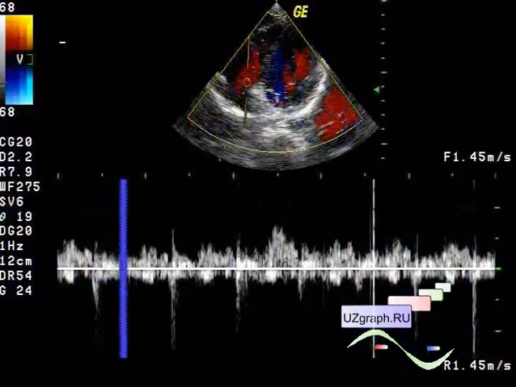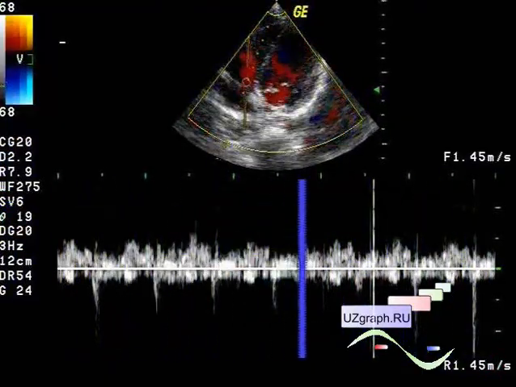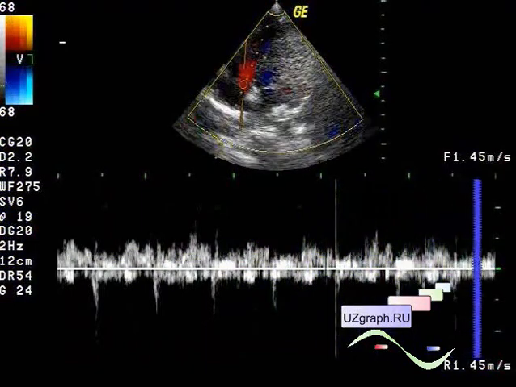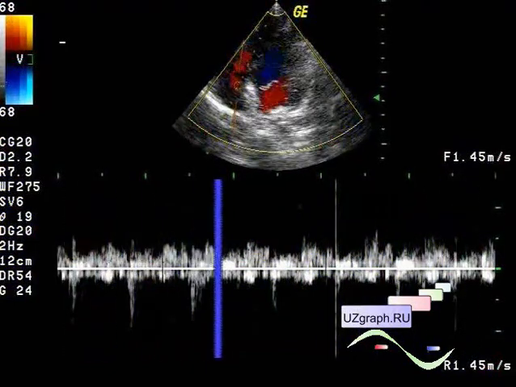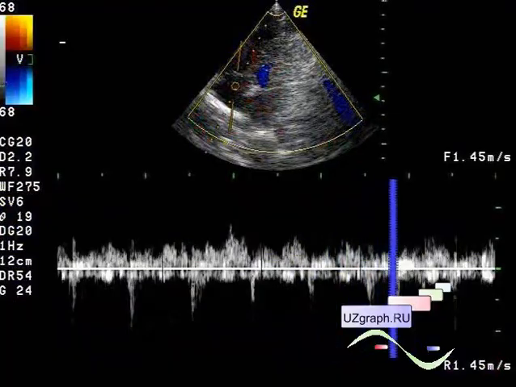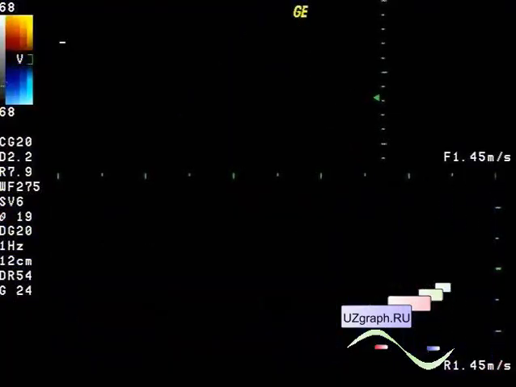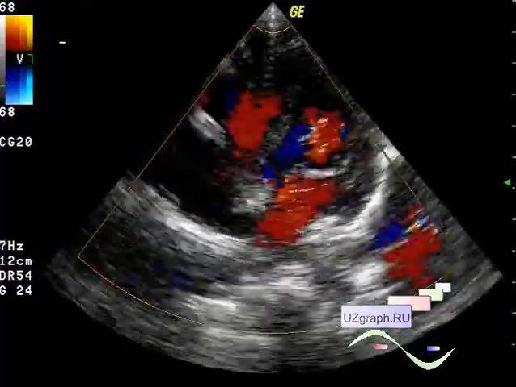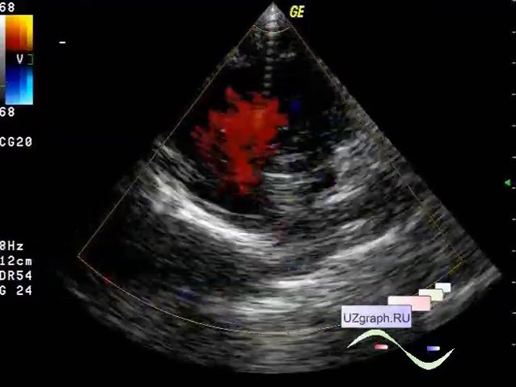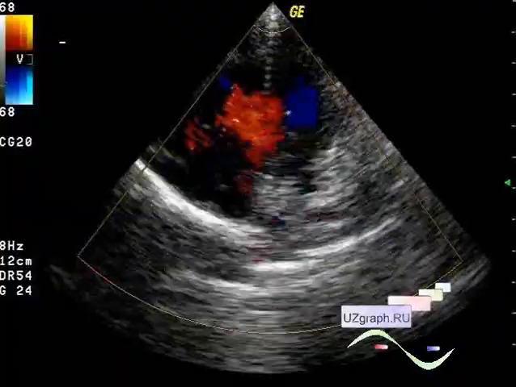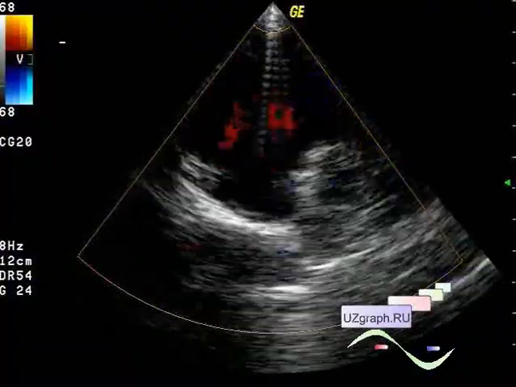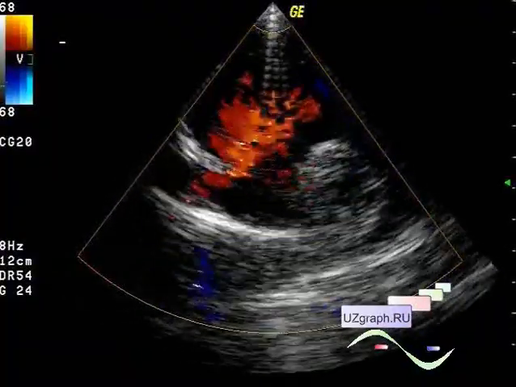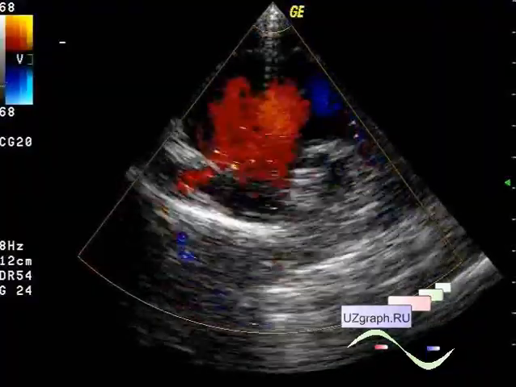Someone recommends making the color flow area smaller, but I prefer to use a wider color flow mode area, because if you use an area of color flow mode which does not fit the whole heart, you can miss some abnormal flows.